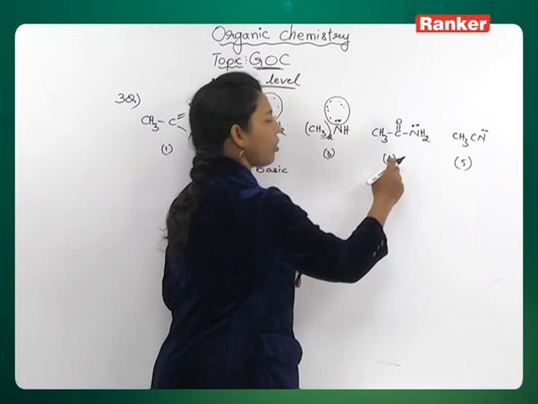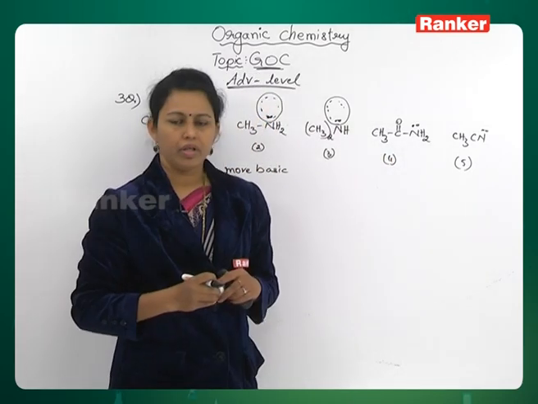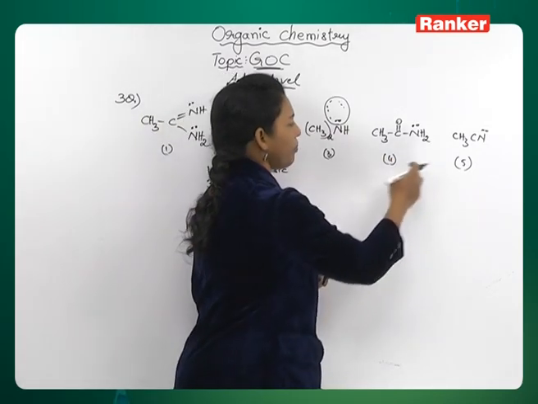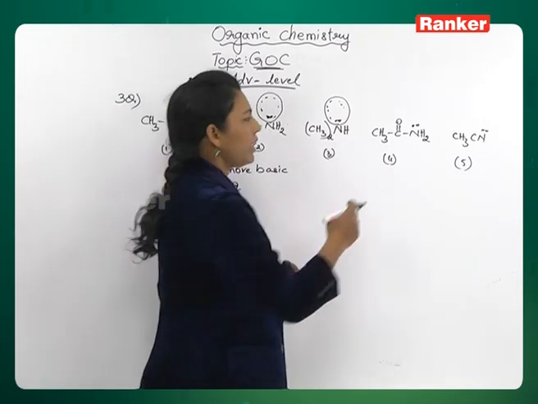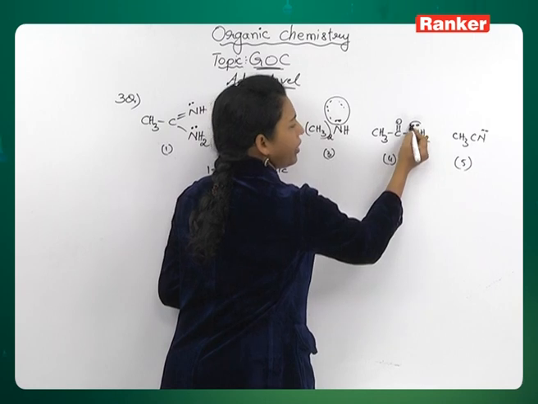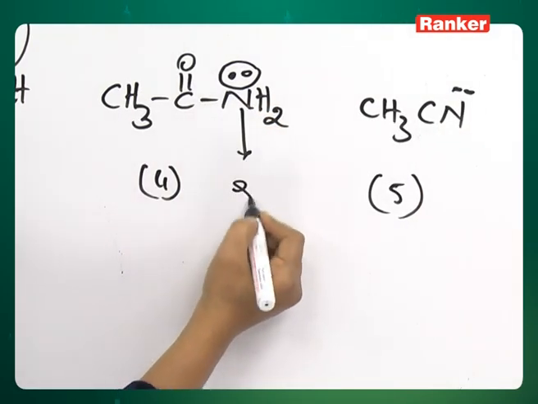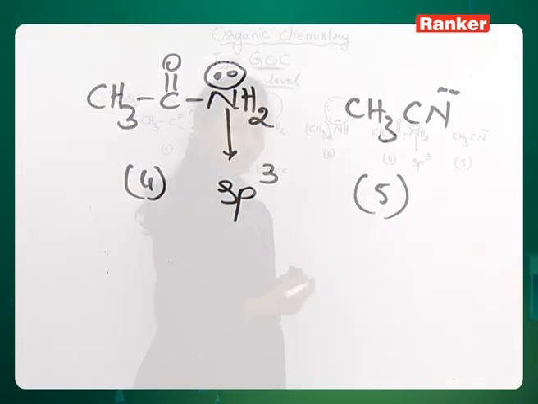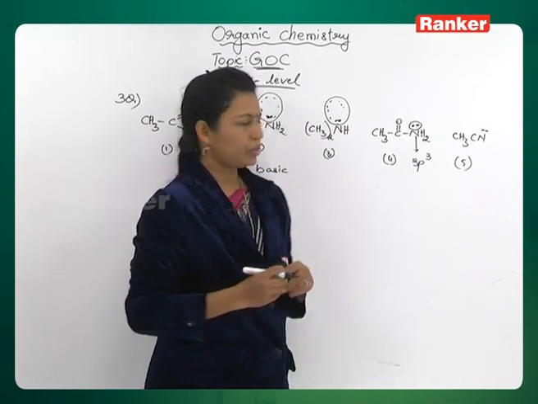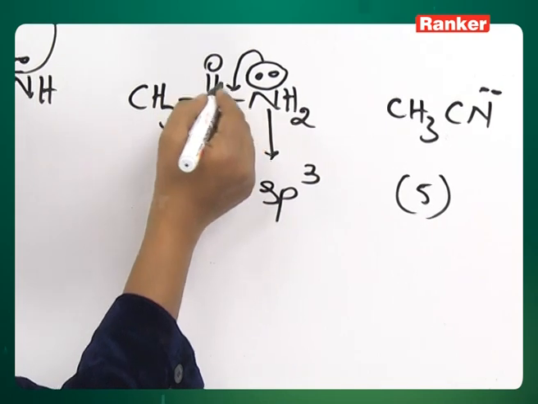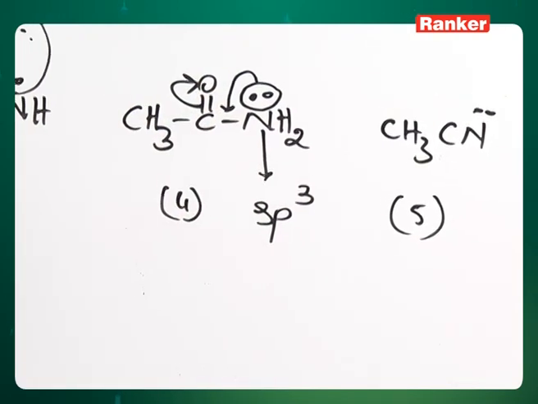Coming to the fourth one and the fifth one, the amide compound and the cyanide. In the case of the amide, the lone pair of electrons is present on an sp3 hybridized nitrogen, but it is in resonance with the lone pair of electrons present on oxygen.